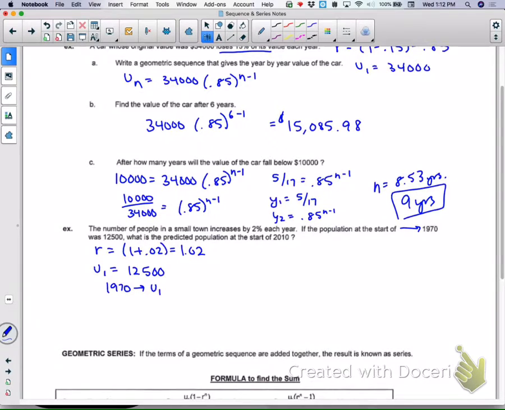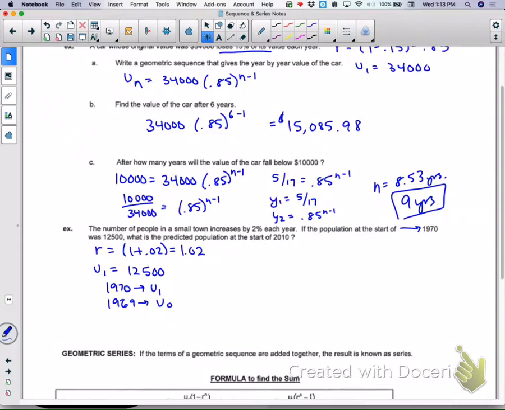I need 2010. So think about, okay, if 1969 would be year 0. If I were to subtract those two terms, I would end up with 1 year. So U sub 1 minus U sub 0 is 1 year. I'm plugging in 1 into my equation to get 12,500.